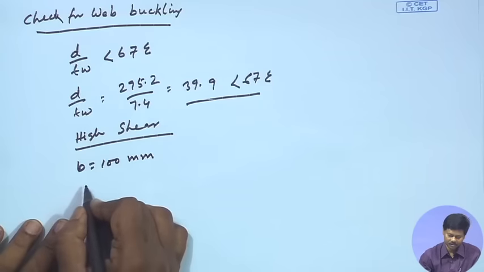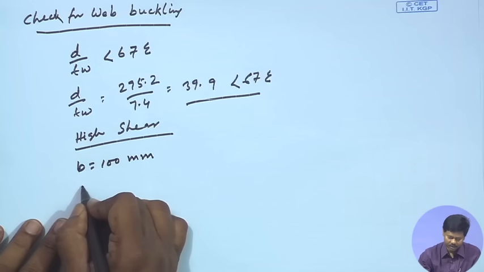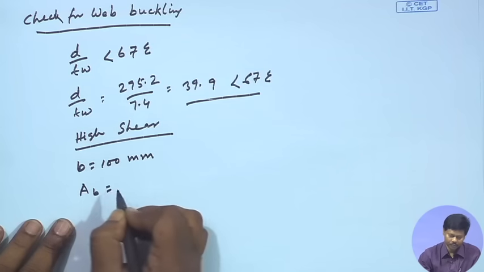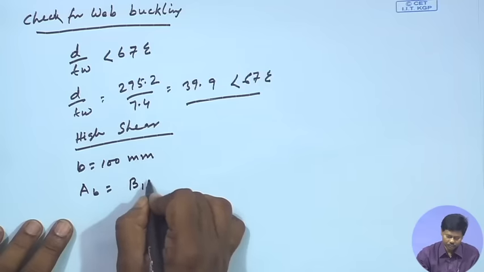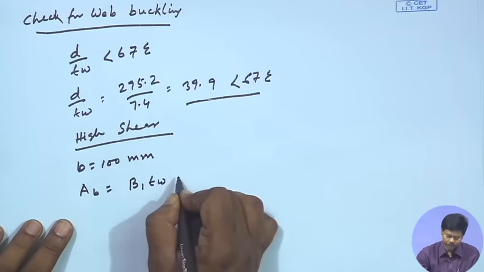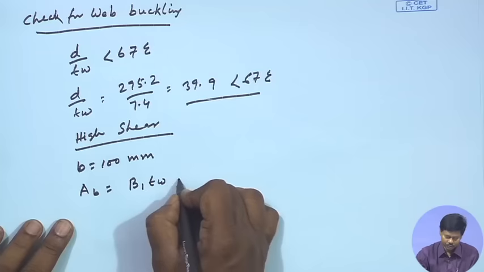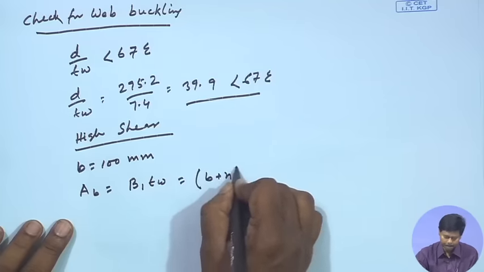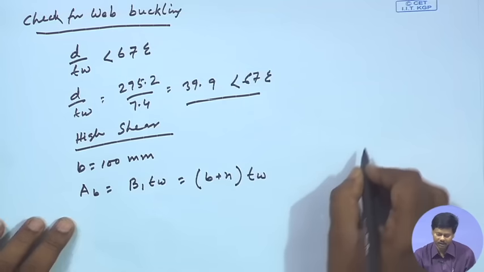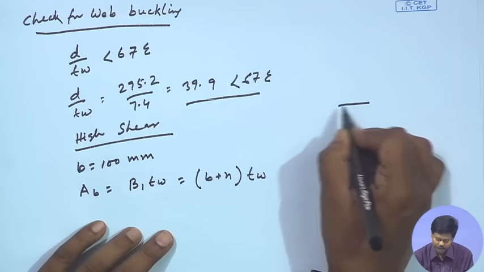That will be AB, which will become b1 into tw, right. So, b1 means b plus n1, the influence area.